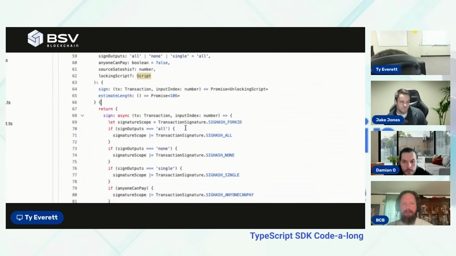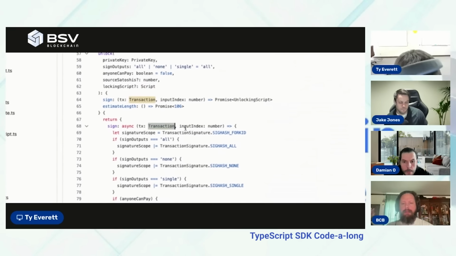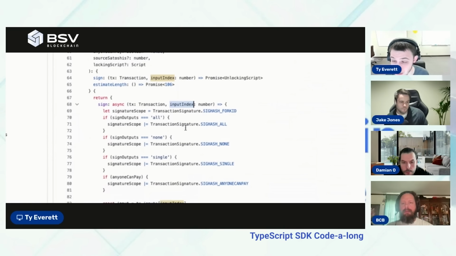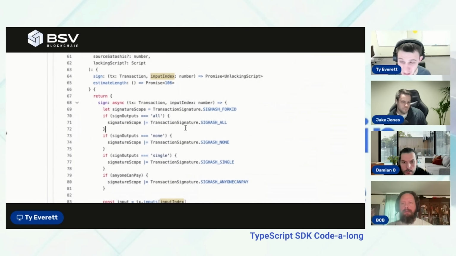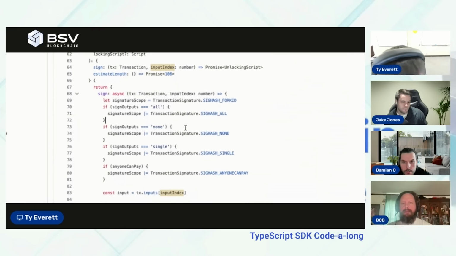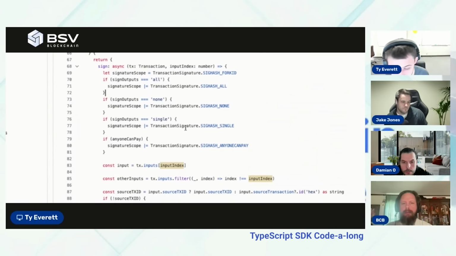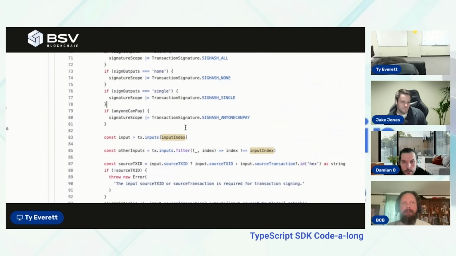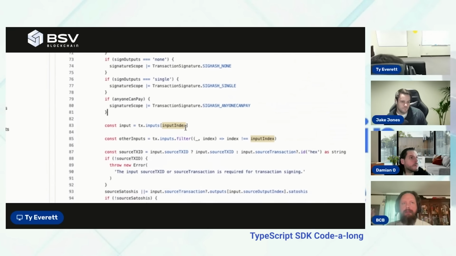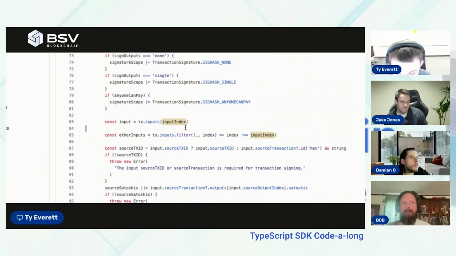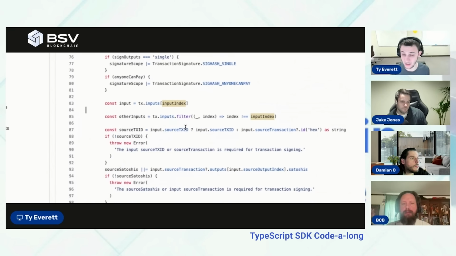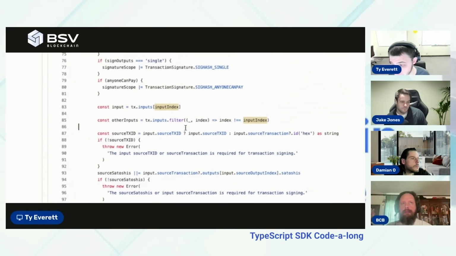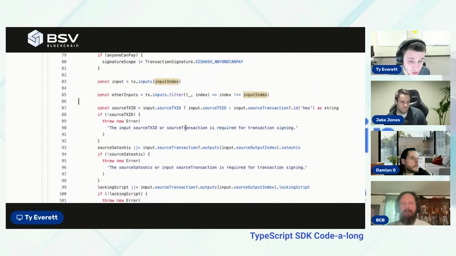But the sign function takes the current transaction we're signing and the input index of the UTXO which we are going to spend. It sets up the sighash flags for the signature based on the parameters which I have stipulated. And then it goes ahead and takes out the current input. It computes other inputs by just taking the current input out. That way we know how to set up our transaction signature.